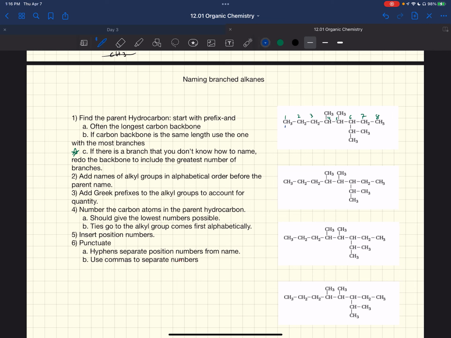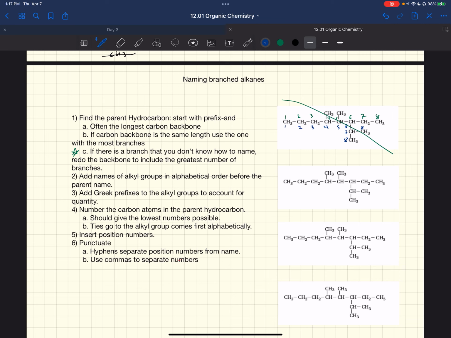But I could also do that, or alternatively, I could go, instead of naming to that one, I could branch off to that one. They're the same.